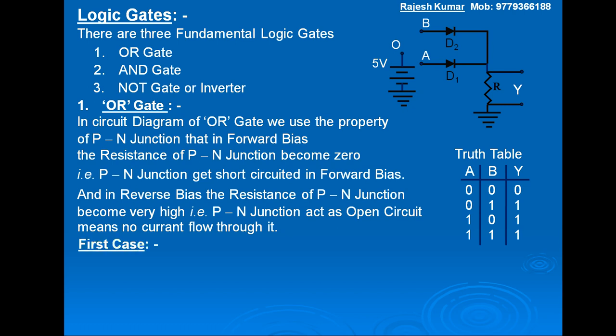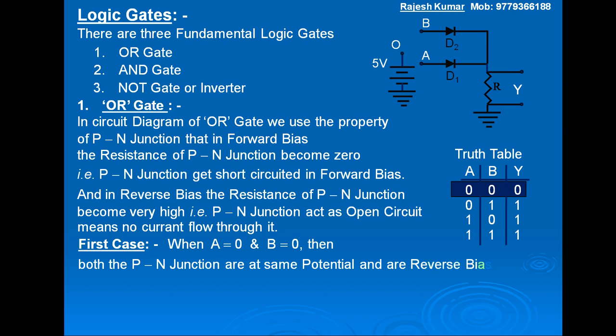Now first case, when A is 0 and B is 0, that is, points A and B are not connected to point O, then both the PN junctions are at the same potential and are reverse biased.